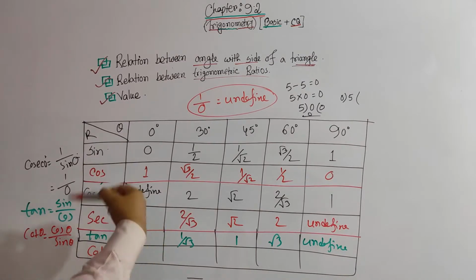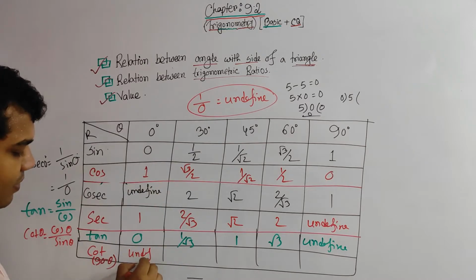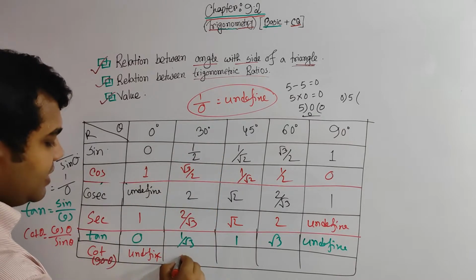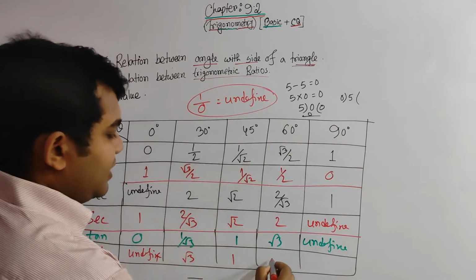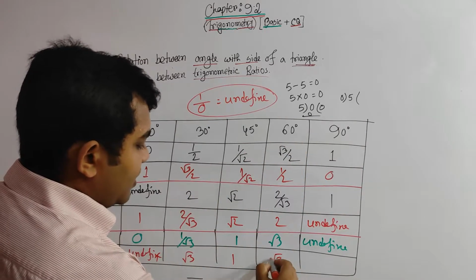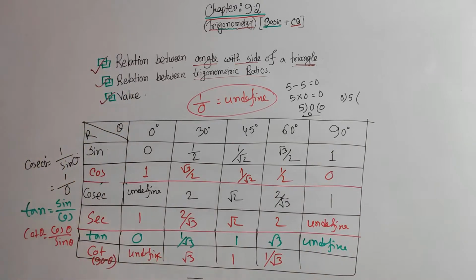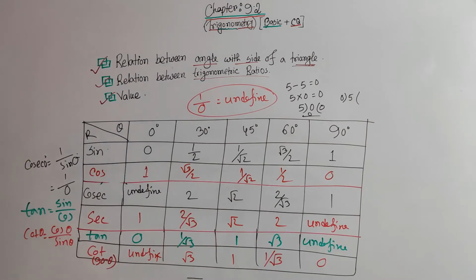So if we go for cos by sine, 1 by 0 will be undefined. Then root over 3, then 1, then 1 by root over 3, and 0 divided by 1 is 0. Clear? So these are the values.